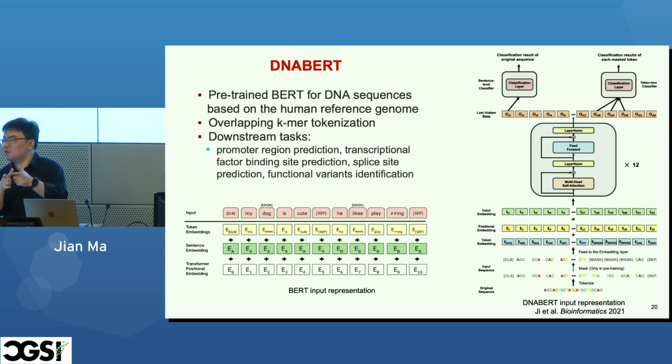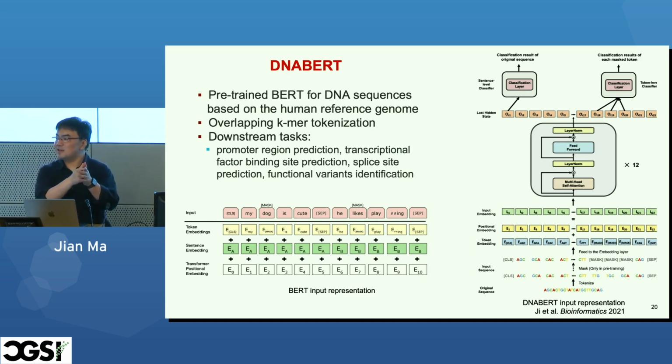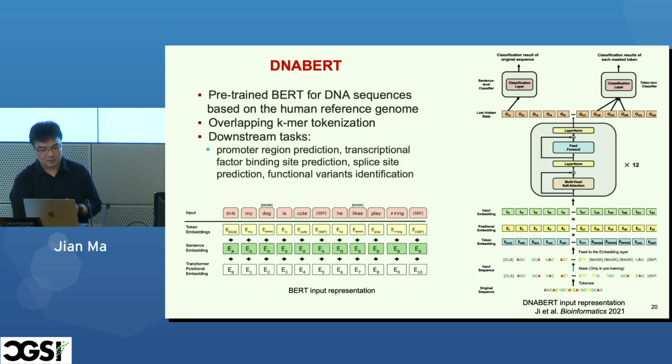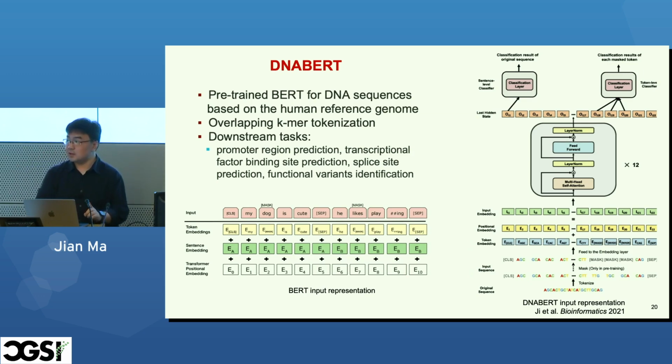If you just mask one, you can kind of guess what it is trivially, because you have the neighboring ones. So in summary, if you don't do that, there's information leakage already in your given data, so the training becomes trivial. There's no point of doing that. So that's the tokenization in DNA BERT.